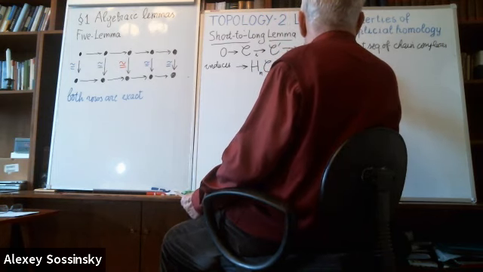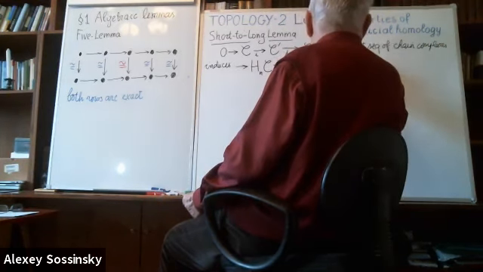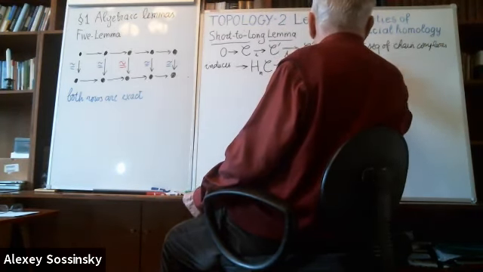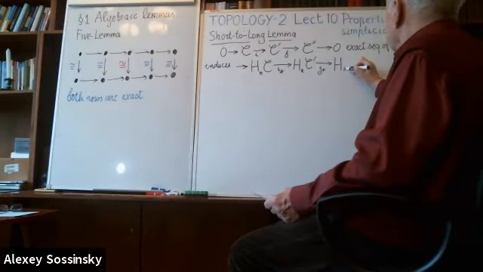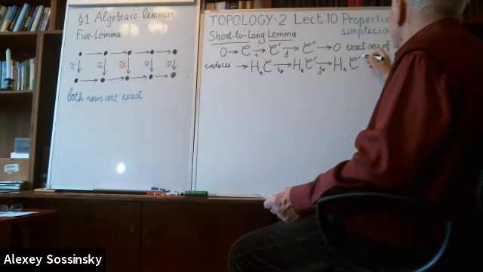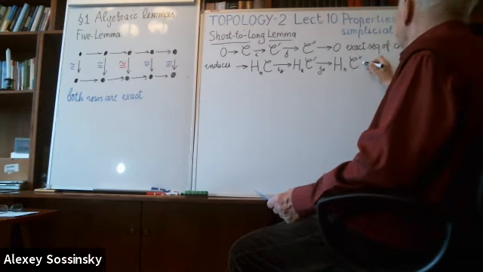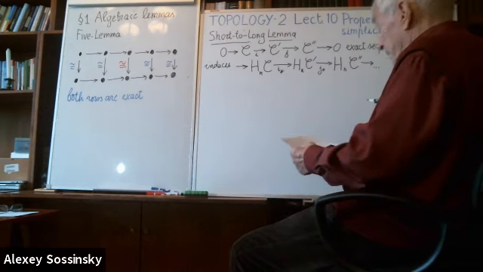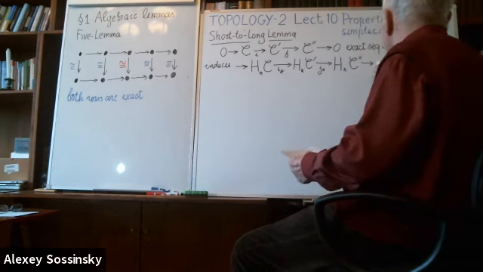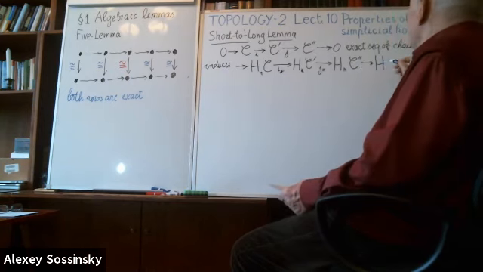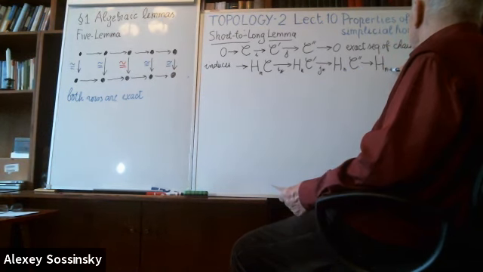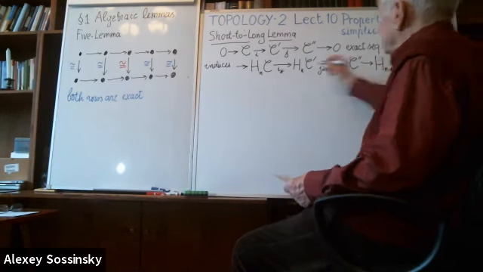This is J star and H and of C double prime, and so on. Oh yes, and the important thing is that the next homomorphism is to Hn minus 1 of C, the C here.